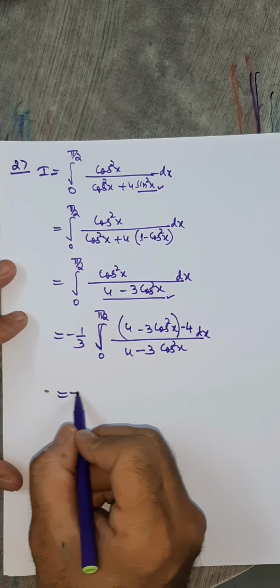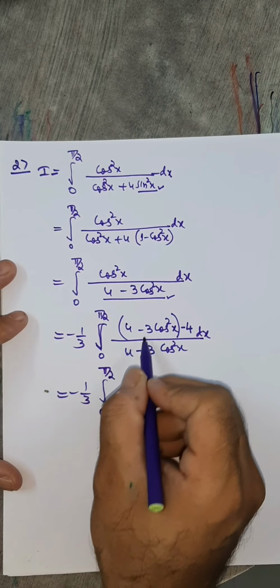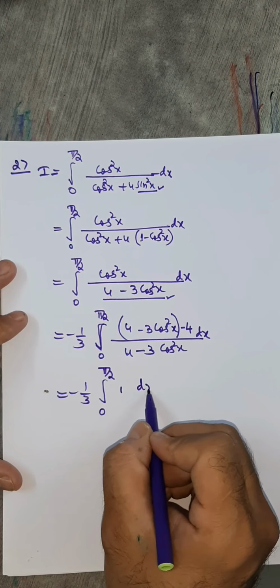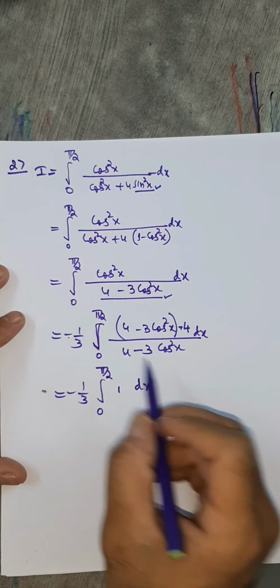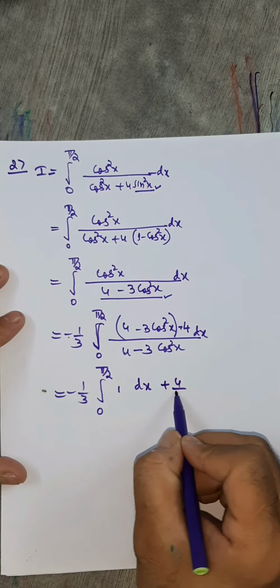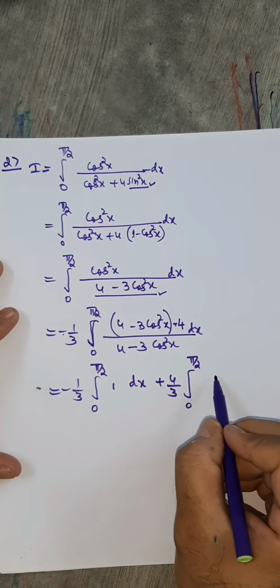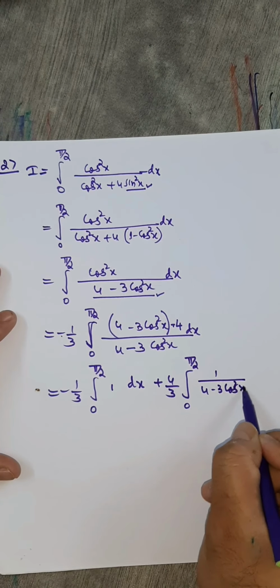Now we'll do individual division. So 0 to pi by 2, this upon this just gives us 1. Minus plus 4 by 3. Integral 0 to pi by 2, 1 upon 4 minus 3 cos square x dx.